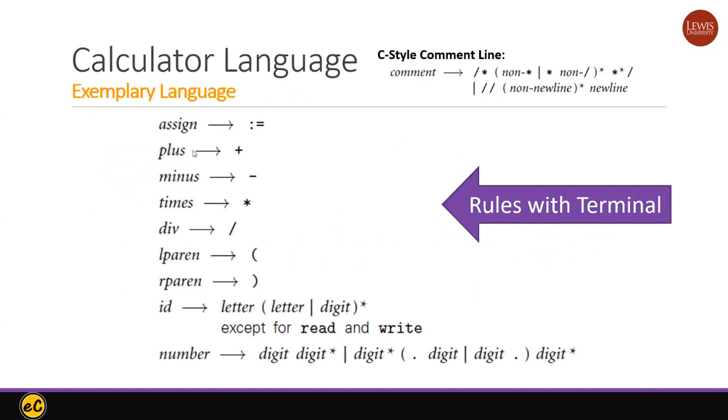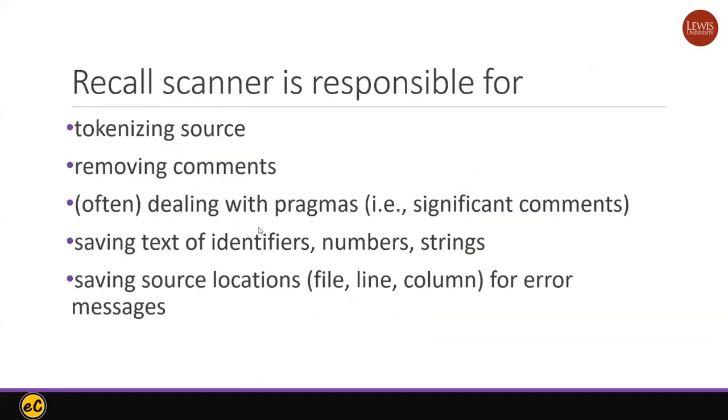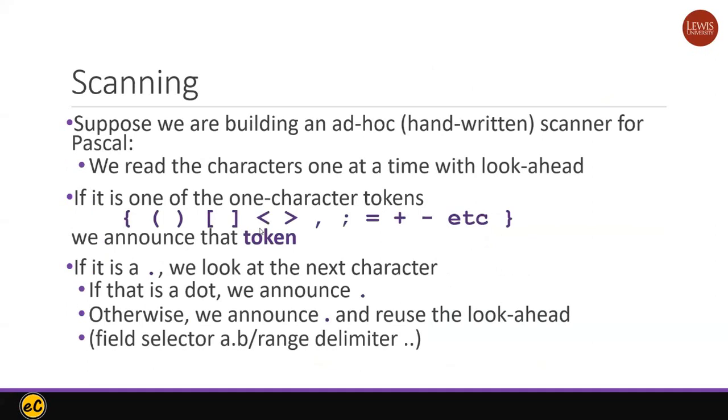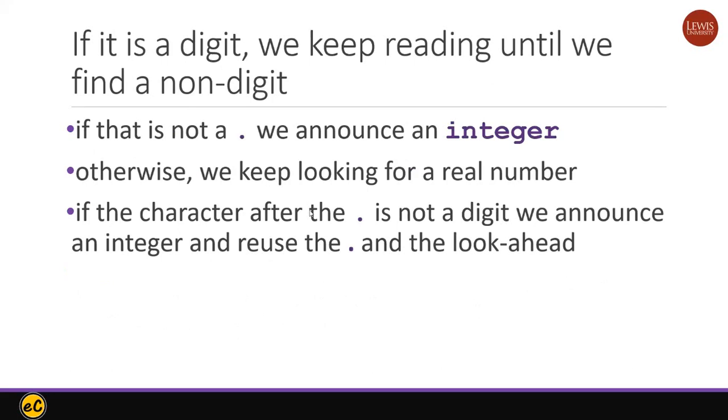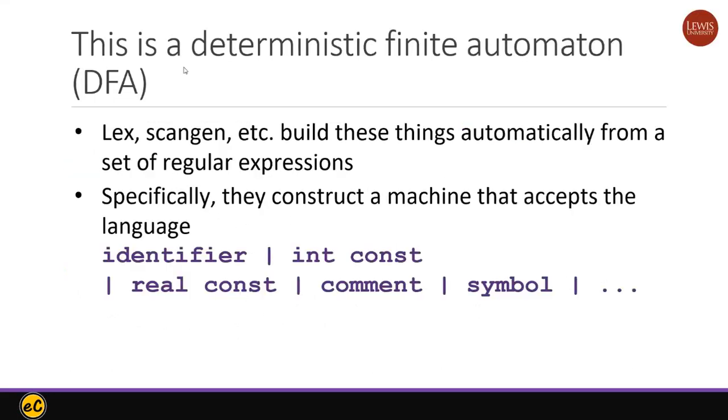And this is a language, and you need to define what is a letter, what is a digit, what is a left parenthesis. So this grammar will be written into regular expressions, and we use a scanner to scan it. The grammar will be written down as identifier, integer constant, real constant, comma, symbol, something like that.